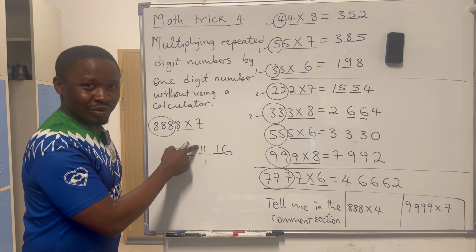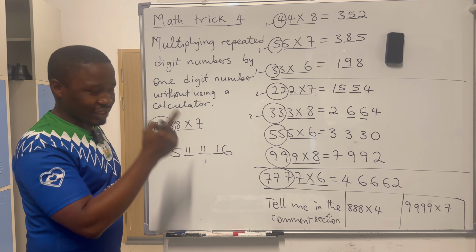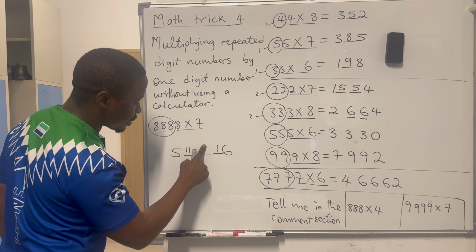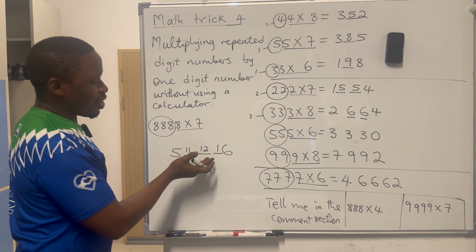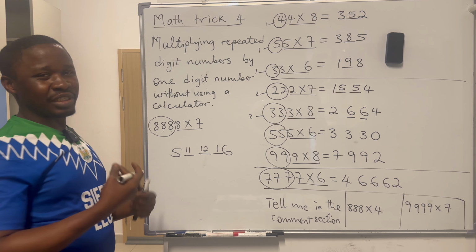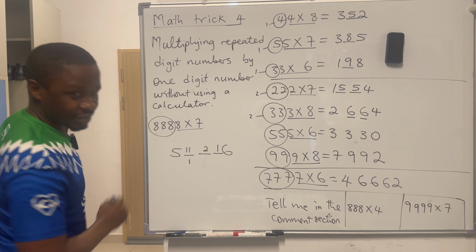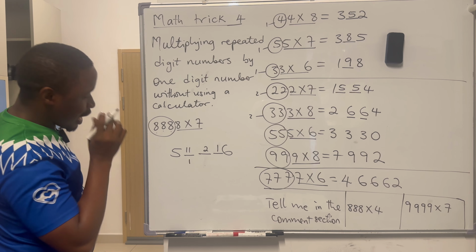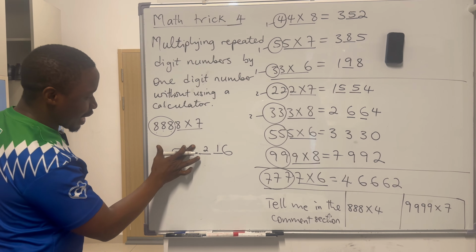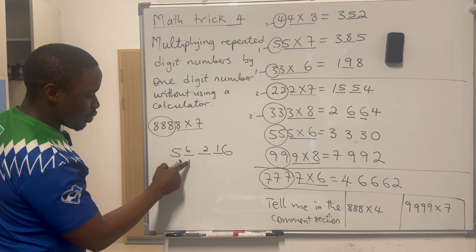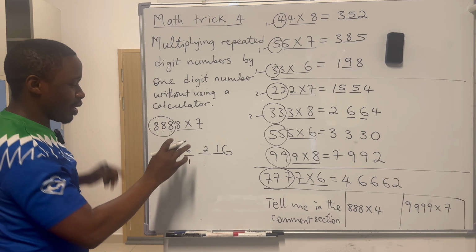Here also has a problem, 11. But first we say 11 plus 1 is 12. But here again, we cannot have 2-digit numbers. So this one moves and comes here. Now, let us assume that here was like 6. When you add 1 to 6 is 7, no problem.